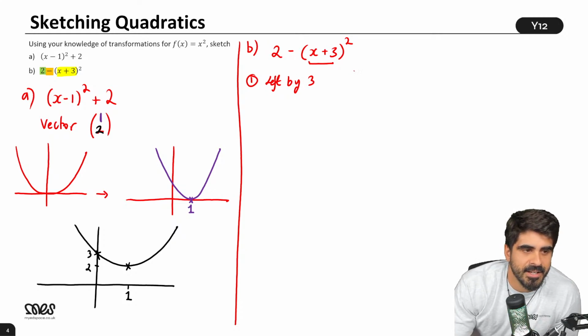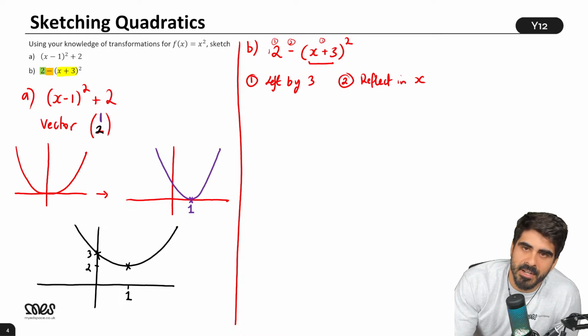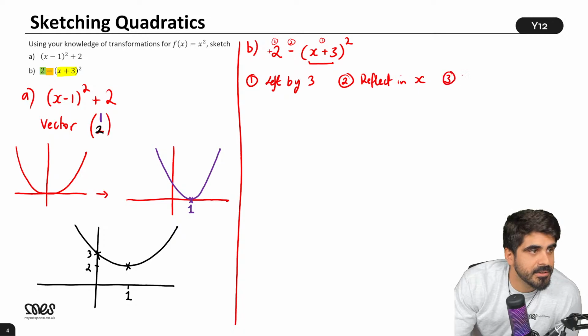Yeah? Then the second thing is that negative. That reflects in the x-axis. And then there's a third thing, this plus 2, which is affecting the y values. So that's going to move up by 2.